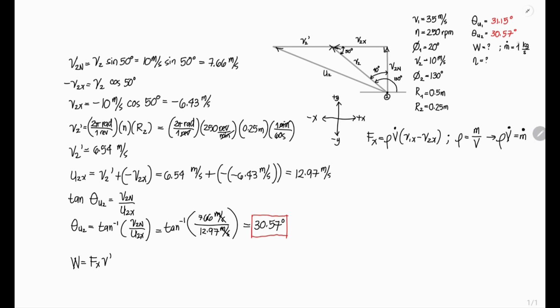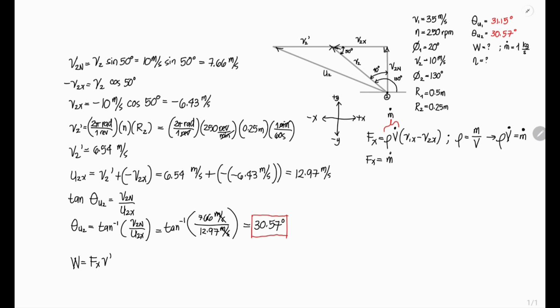And we are given the mass flow rate of 1 kilogram per second. Actually, this is an assumption. So, in-assume lang natin yung mass flow rate ng ating problem ay 1 kilogram per second. That is, F of x is equal to, so, this one is considered na mass flow rate.